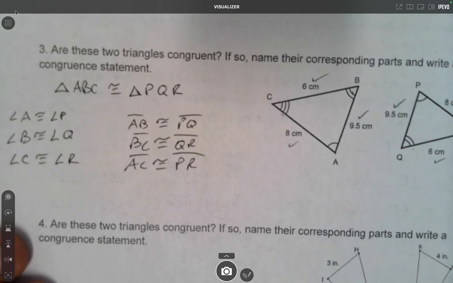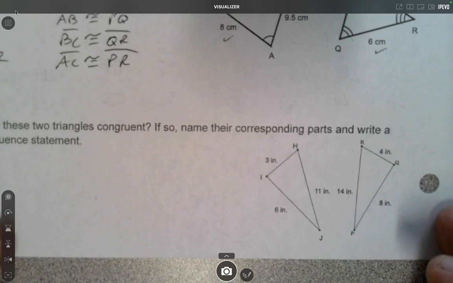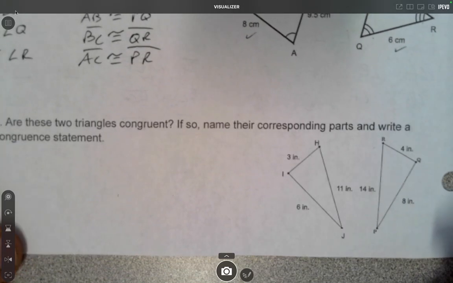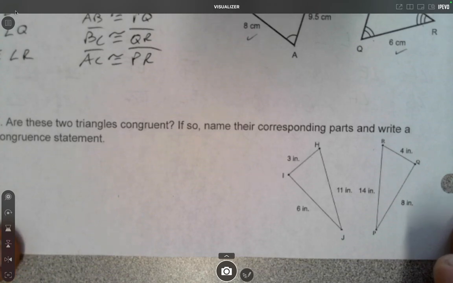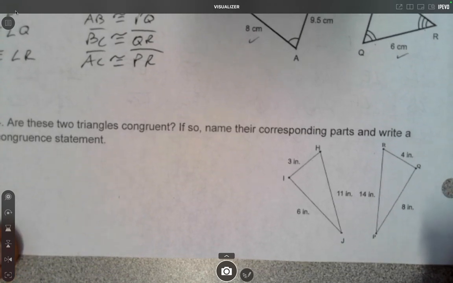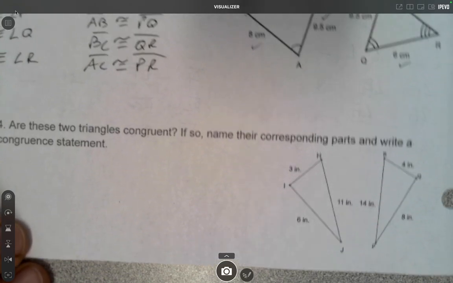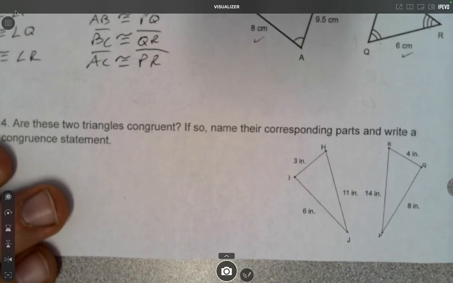Okay, last one. Are these two triangles congruent? Okay, well, they don't actually say anything about the angles. But if you remember, I did say that equilateral, no, that doesn't correspond. Silly me, trying to connect something that doesn't work. We don't know the angles, but let's just look at the sides.